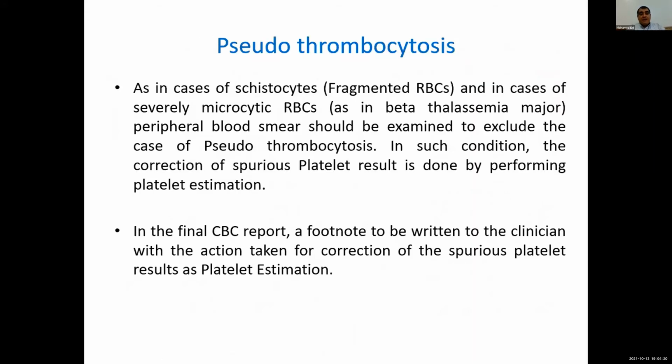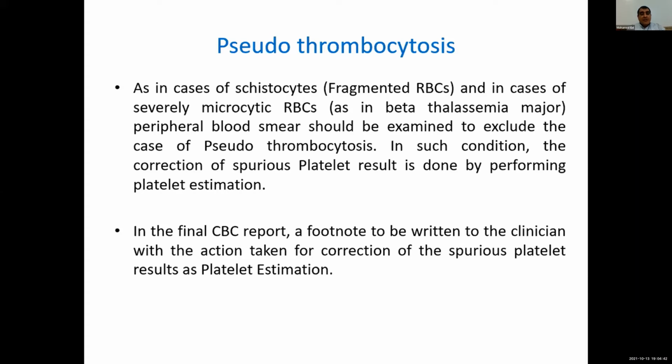The second spurious platelet result is pseudothrombocytosis, and this occurs in some cases with excessive schistocytes or fragmented RBCs, or severely microcytic RBCs, as in cases of beta thalassemia major.